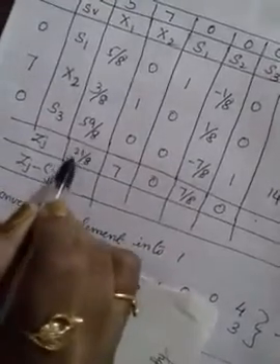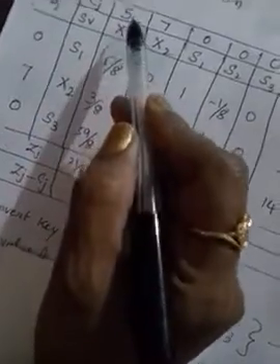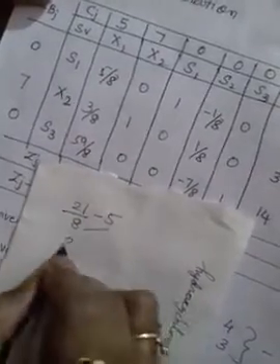Okay, now Zj minus Cj. Zj is 21 by 8 minus Cj value is 5. Okay, cross multiply, we will get 21 minus 40 by 8. So what will you get? Minus 19.